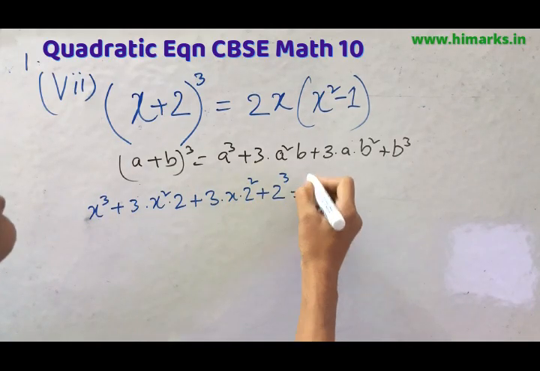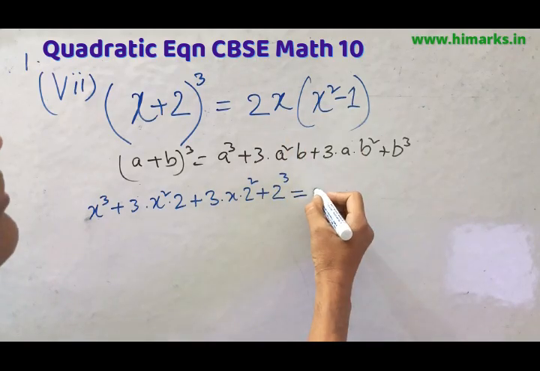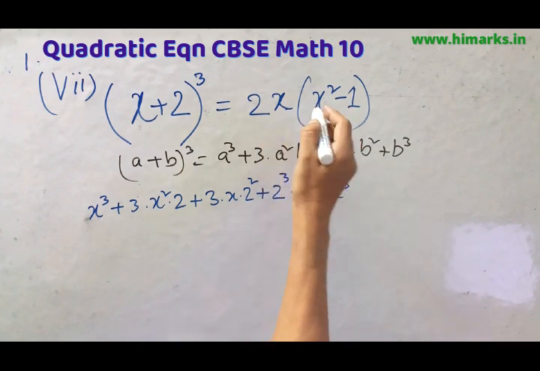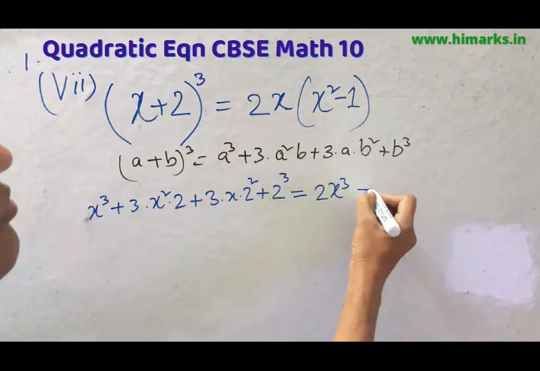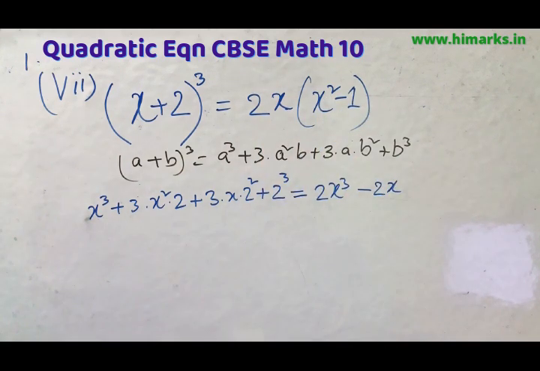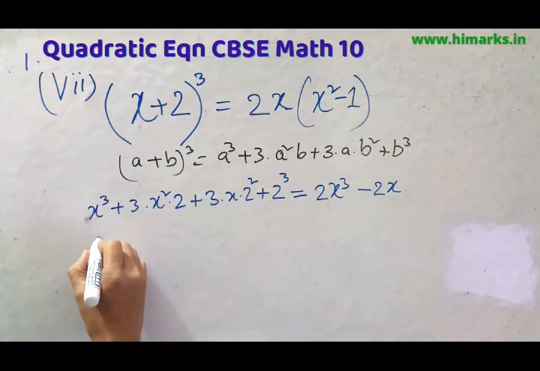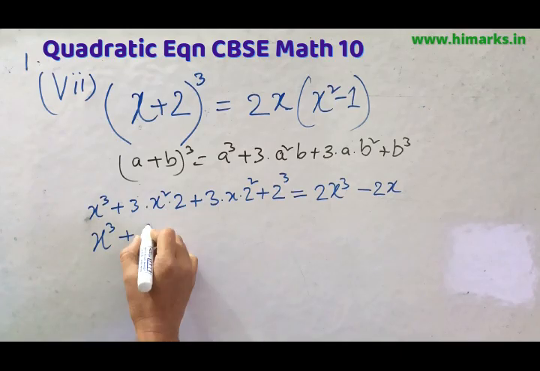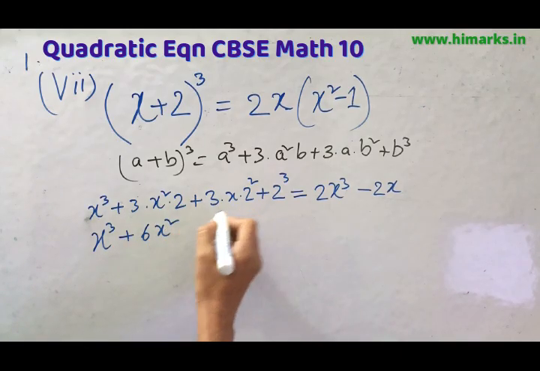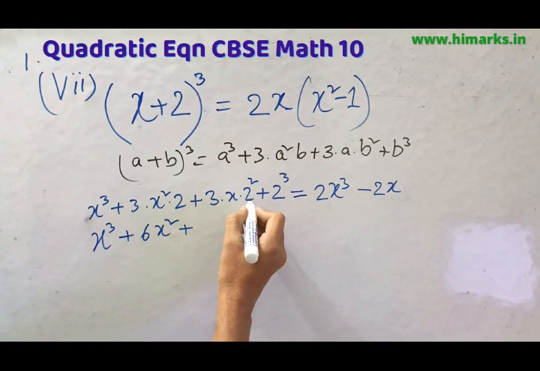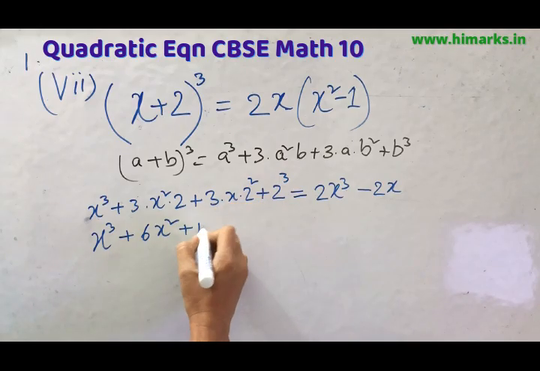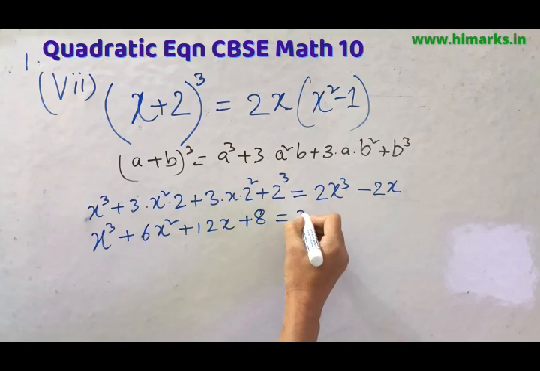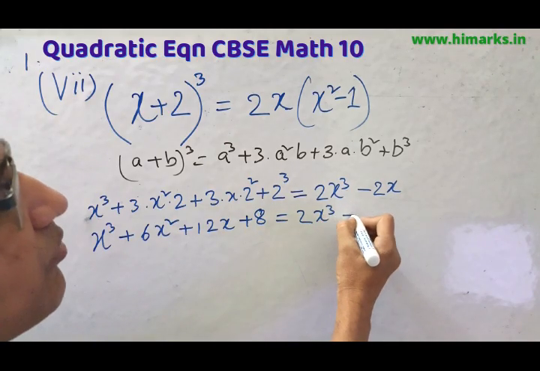Right hand side, 2x into x square is 2x cube, and then 2x into minus 1 is minus 2x. Now let us simplify the left hand side further. So this is 6x square, 2 square is 4, 12x, plus 2 cube is 8. This side is already simplified.